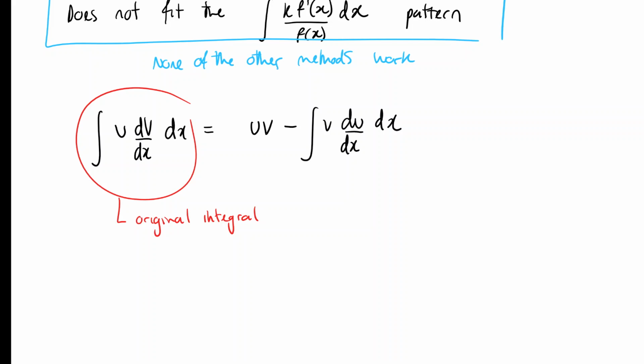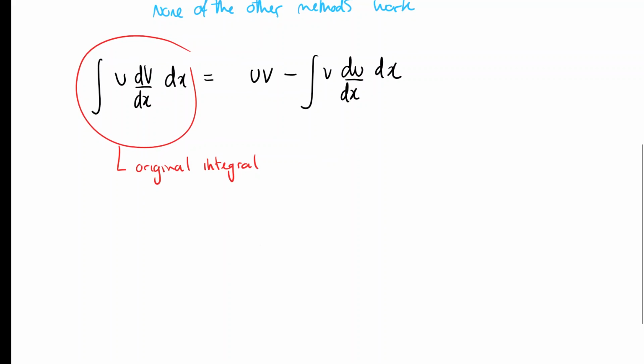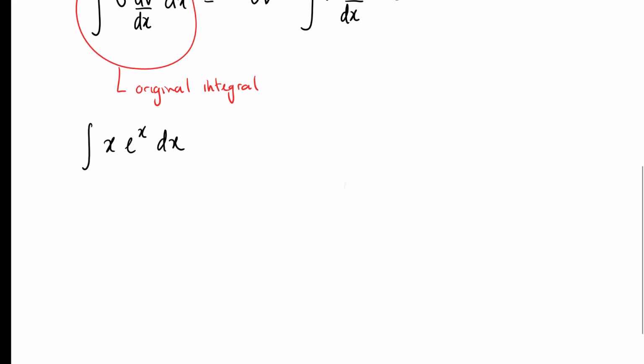That's just a way of referring to the integral that we start with. So one part of the integral will be u and the other part will be dv dx. So x could be u or dv dx, e to the power of x could be u or dv dx.